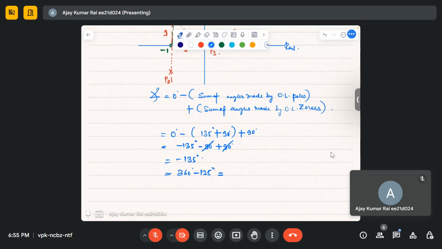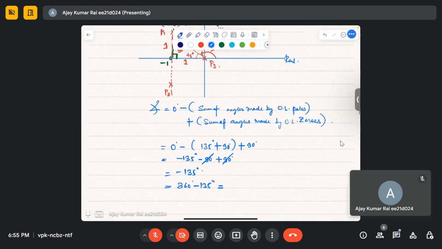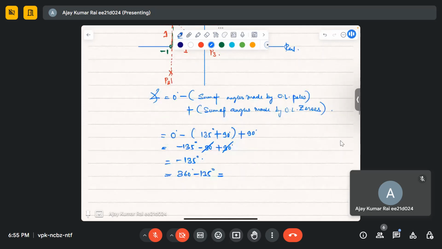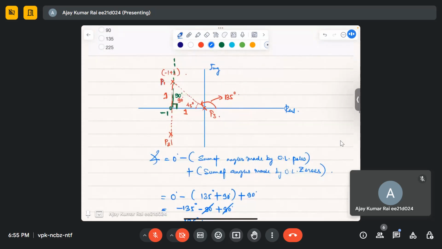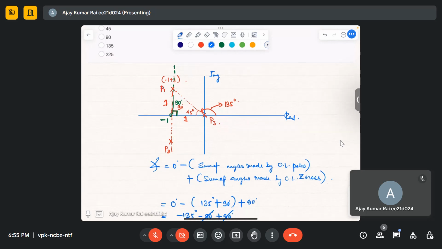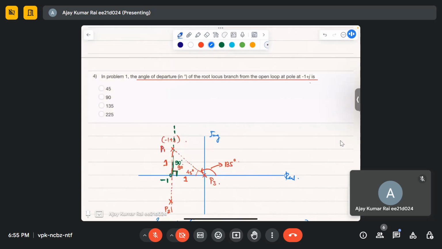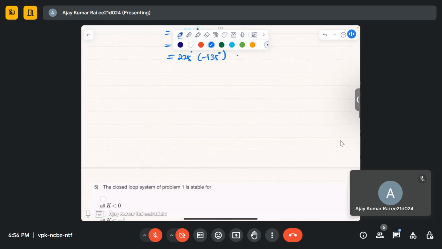How much do you get? Are you getting the same? This is 225, but I'm just writing minus 135. So this is the angle made by the P1 pole, 225.